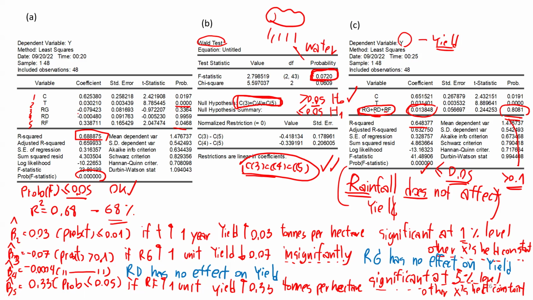In printout A, they even say it has a negative effect: the more water, the less yield you get. Even weirder, right? So at least this one may not be significant, but at least the direction is correct. It still has a positive effect, but not significant.